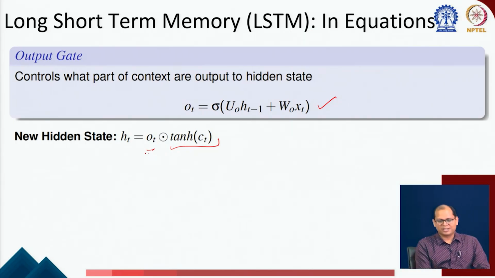So, that means OT will control which dimensions of my CT would be used for my new hidden state, and this hidden state will go to my y hat t, the prediction that I am doing at the time step. It will not come from cell state, but will come directly from the new hidden state. And that is how the LSTM equations are, right.